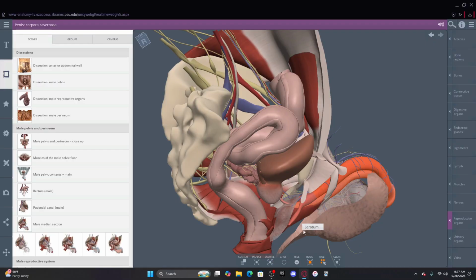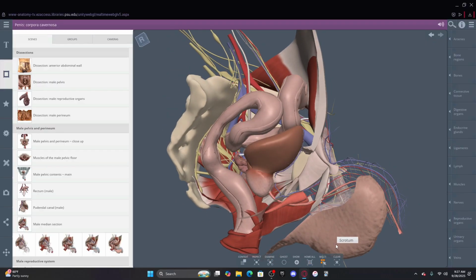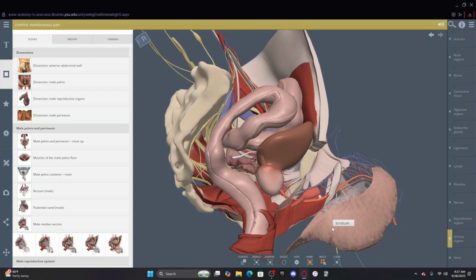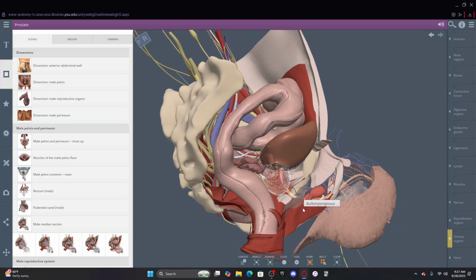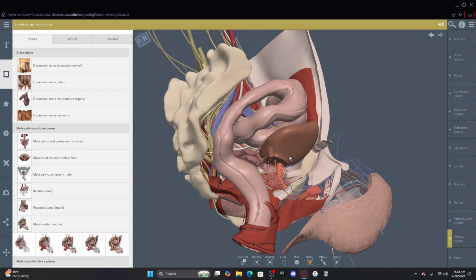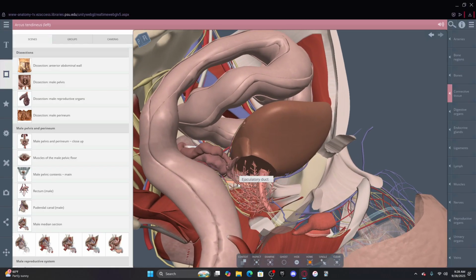And then from there, I'm going to examine, just so we can see the different urethra. If I remove all those structures, we can see the penile or spongy urethra. We can see the membranous urethra, and then from there, we can also see the prostatic urethra. If I remove the prostate, we can also see our prostatic urethra, and we can see the ejaculatory duct right inside of the prostatic urethra.